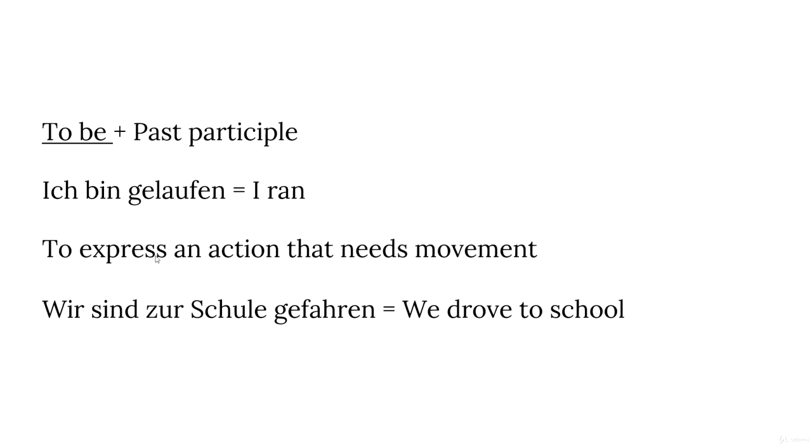So sein with ich should be ich bin, right? I am. Ich bin, and then the form of the verb laufen in the past is gelaufen. So I ran would be ich bin gelaufen.